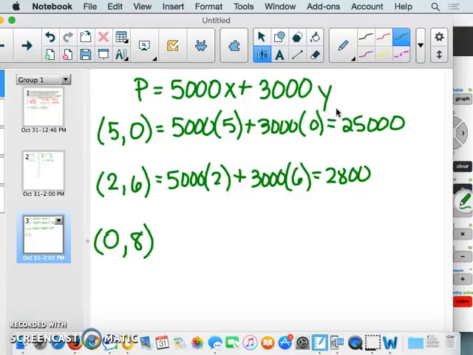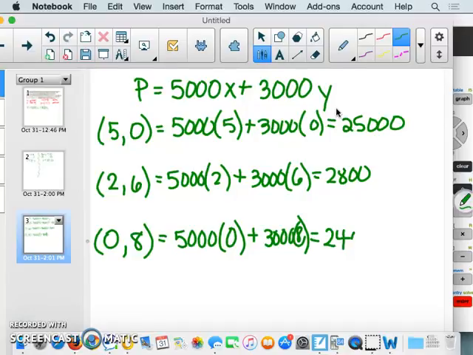And then putting 0, 8 into the profit function, that would be 5,000 times 0 plus 3,000 times 8, getting a little squashed there, sorry, is equal to 24,000.